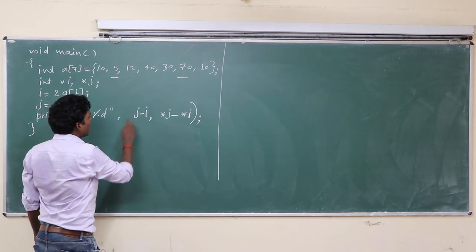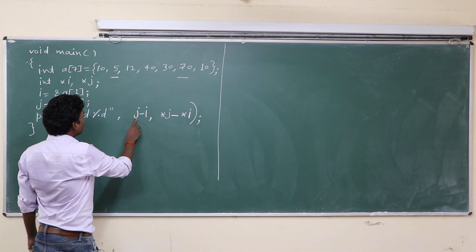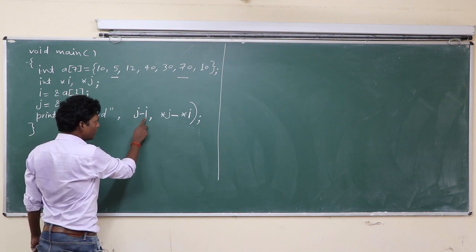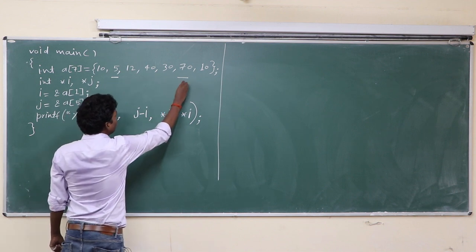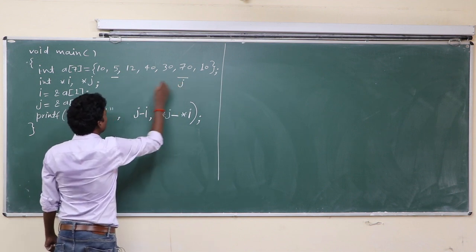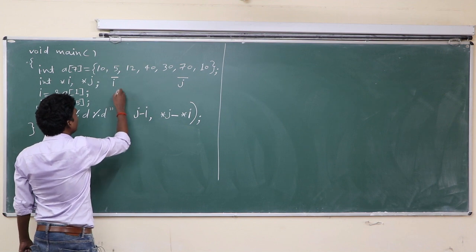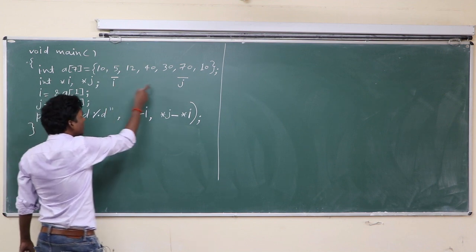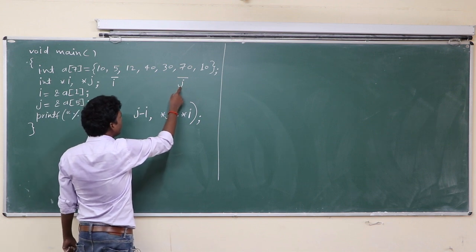So J minus I basically gives how far J is from I. J points to this location, I points to this location, or you can say I has address A of 1 and J has address A of 5.